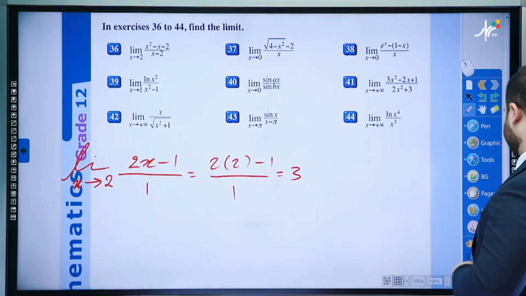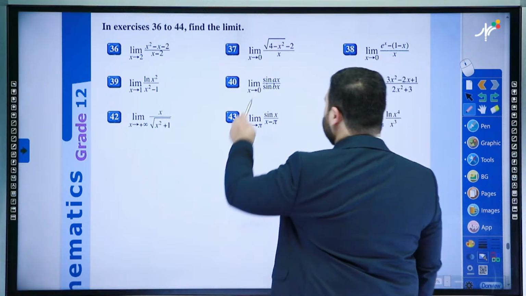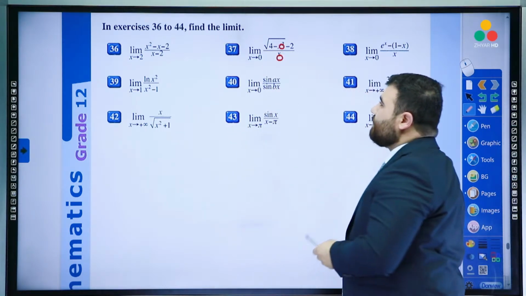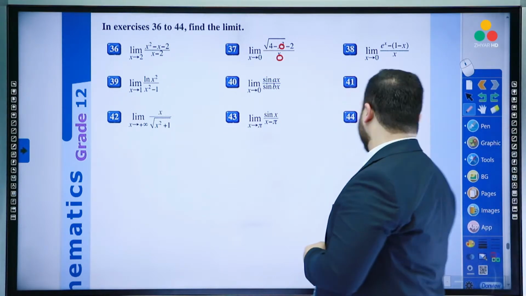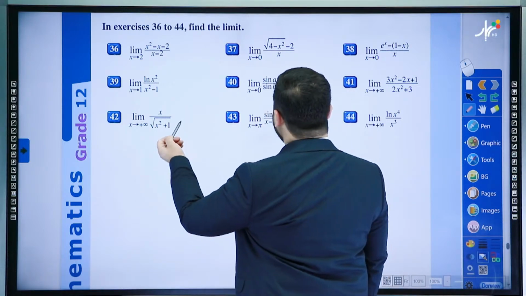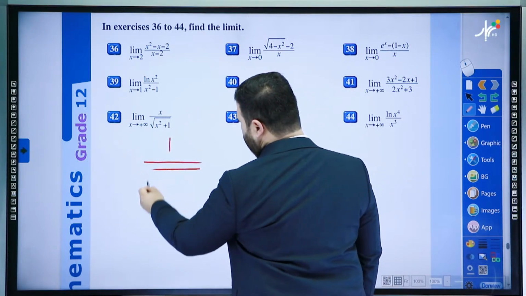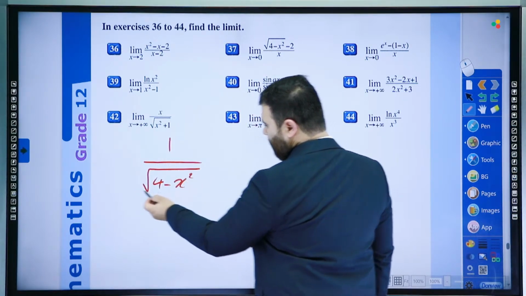Question 37. 37, same thing. If I put 0 here, down will be 0. And if I put 0 here, it will be square root 4, which is 2. Then 2 minus 2 is 0. So we can use L'Hopital's rule. Using L'Hopital, derivative of up is 1 over 2 square root of 4 minus x squared.